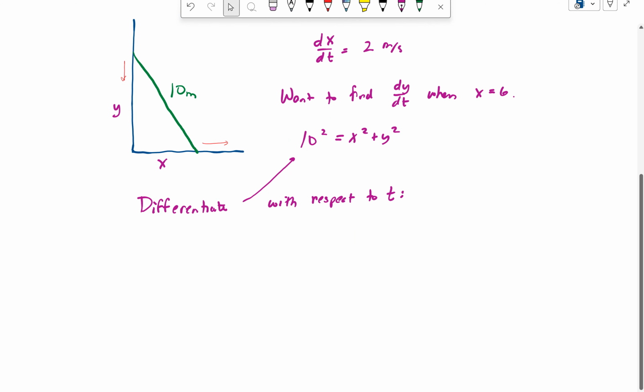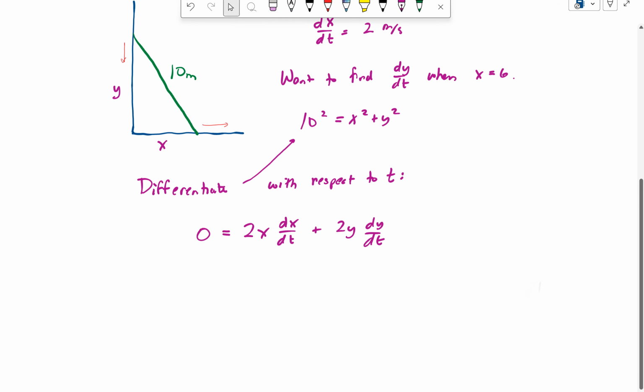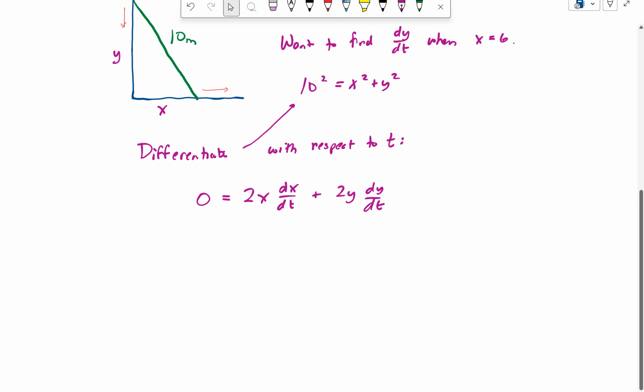So when I differentiate 10 squared, I just get 0 because that's a constant. And now I'm going to get a 2x, but then I get a dx/dt with that because I've differentiated with respect to t. And same thing, I get a 2y, but then I put a dy/dt with that because I've differentiated with respect to t again. So now remember, we're trying to find dy/dt, so we're going to solve for that.